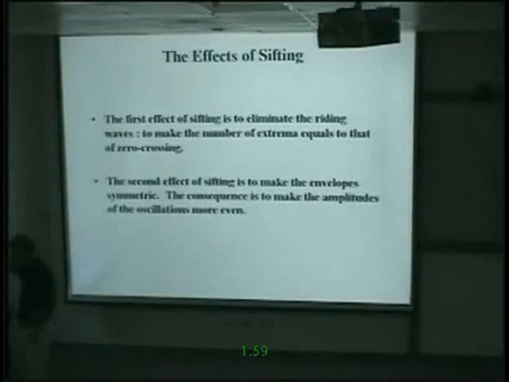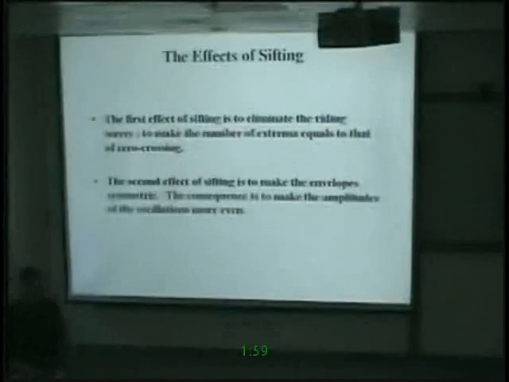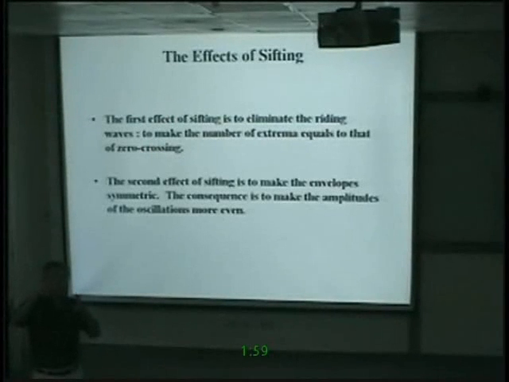So why do we want to do the shifting? There are two effects of shifting. The first effect of shifting is to eliminate riding waves. We cannot tolerate waves riding on large waves. In other words, between zero crossings, we can only allow one extremum, either a maximum or a minimum.